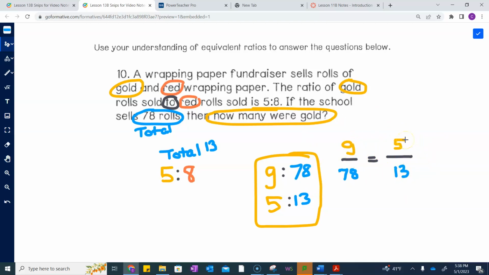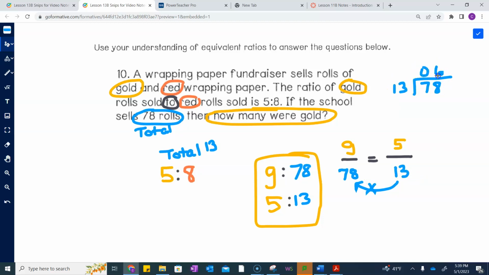So now I need to figure out how to scale this up. We start off with 5 sold gold to every 13 rolls sold. 5 of them were gold. How do I get from a 13 to a 78? If I go from 13 to 78, I had to multiply by what? Well, how many times does 13 go into 78? If you don't know, you can do a little long division.